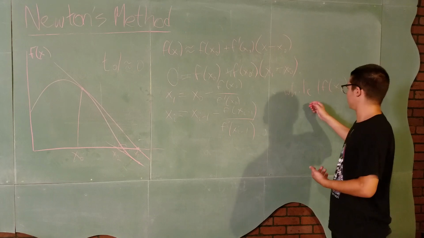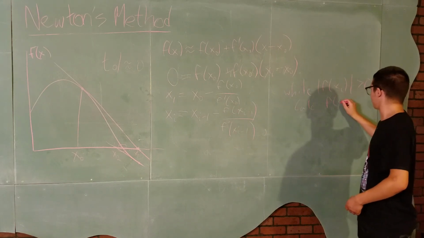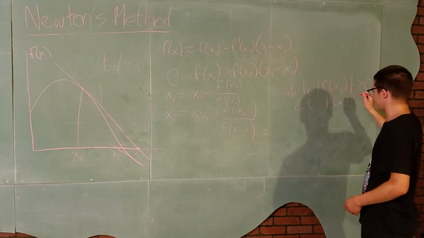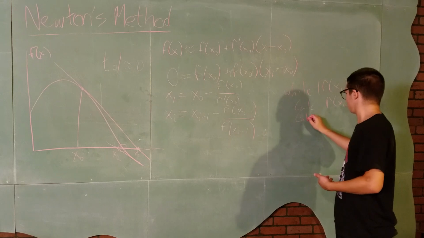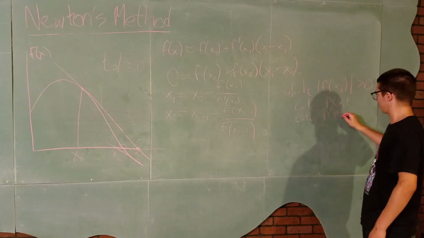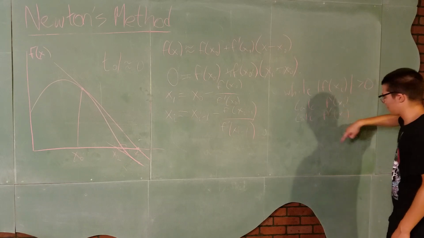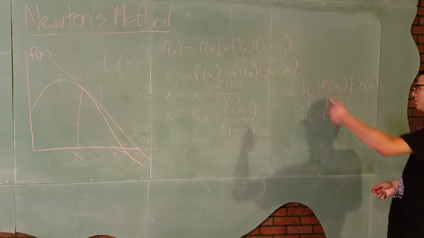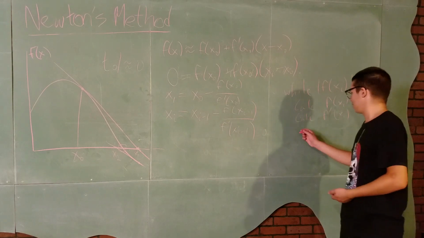We're going to calculate f of xi. We're going to calculate the derivative. And then we're going to proceed to find the next xi, and we'll update it.